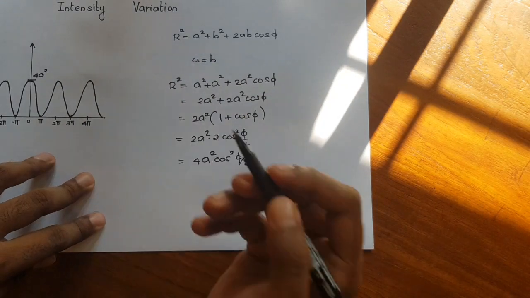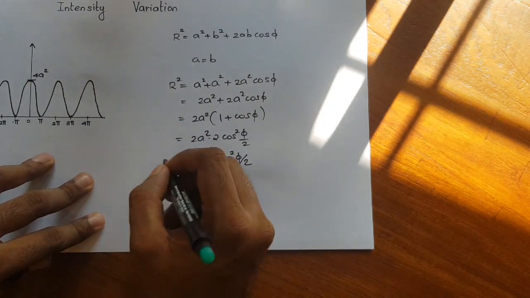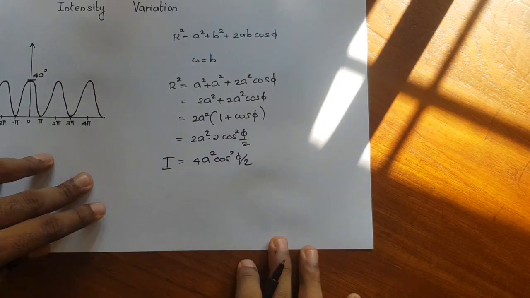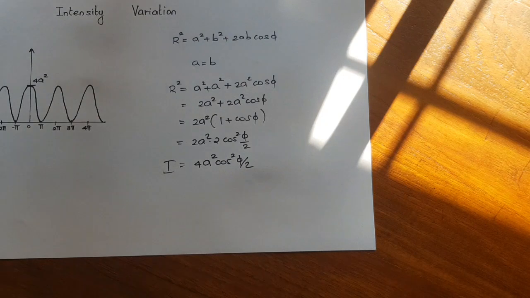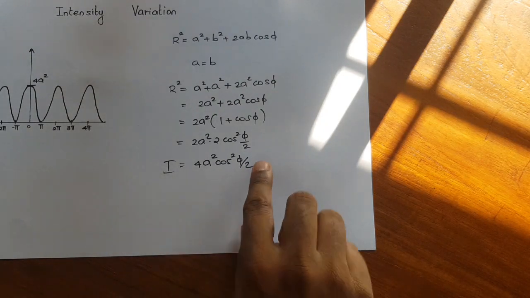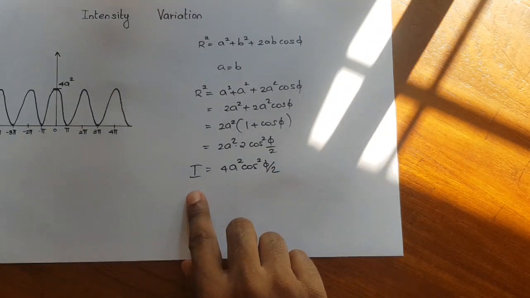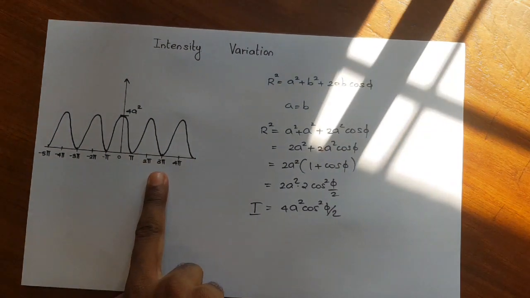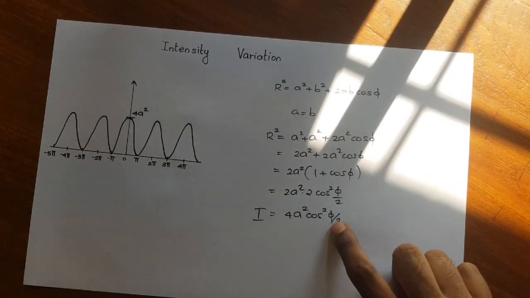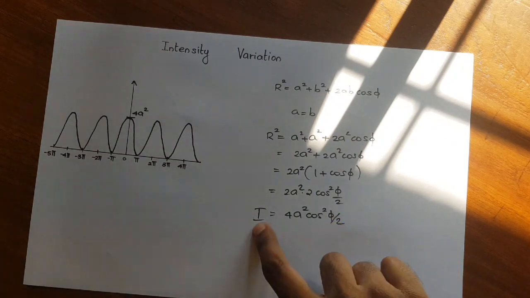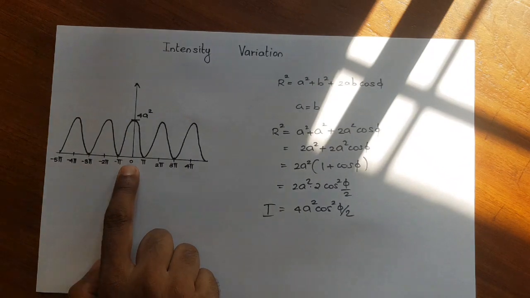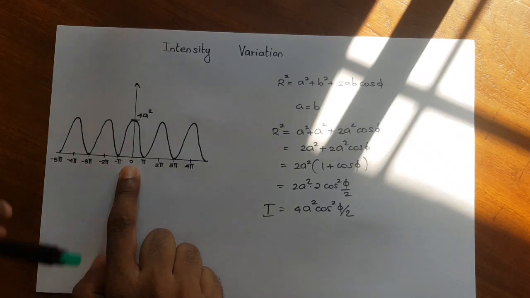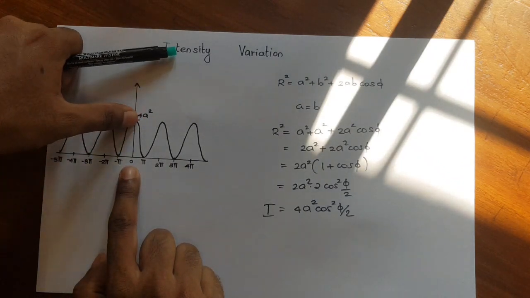And this is the resultant amplitude. So this equation can be written as the intensity, because we know that the intensity is proportional to the amplitude square. So if we just substitute the derived conditions for the phase difference, we can know what the intensity variation is. Just by giving the values of phi over here, you can denote the value of I in this graph. When the phase difference is 0, we are getting maximum intensity.